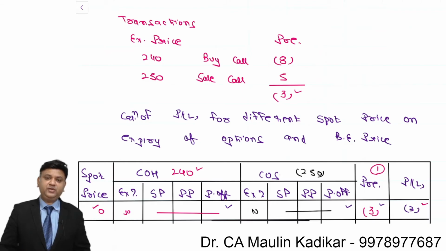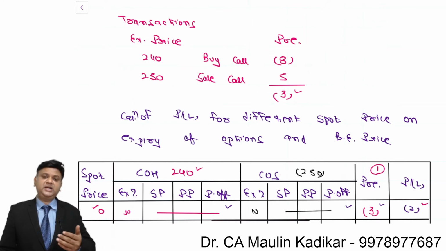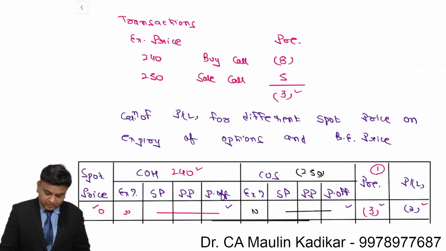Now suppose we make an assumption, or the question provides the information, that you are expecting the price to fall down, then what should you do? Again the answer is very simple. In that case we understand that the call option will not be exercised if the prices are likely to fall. So what will you do?